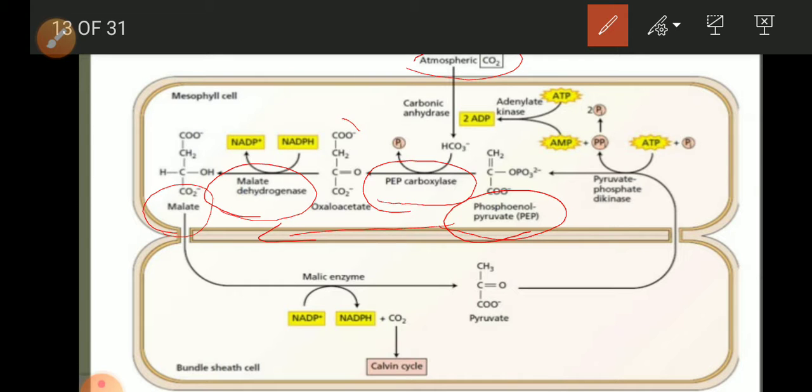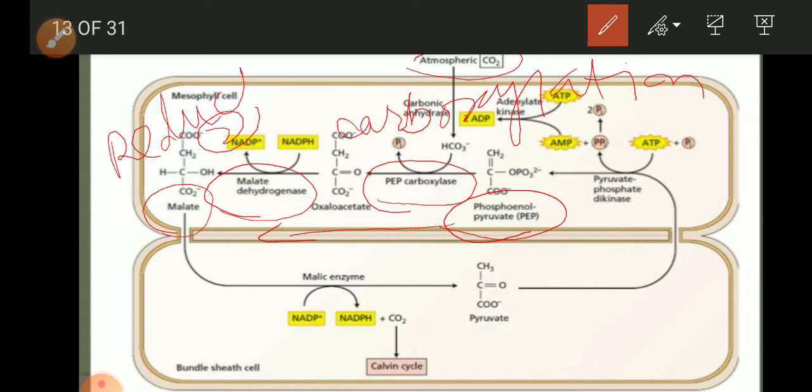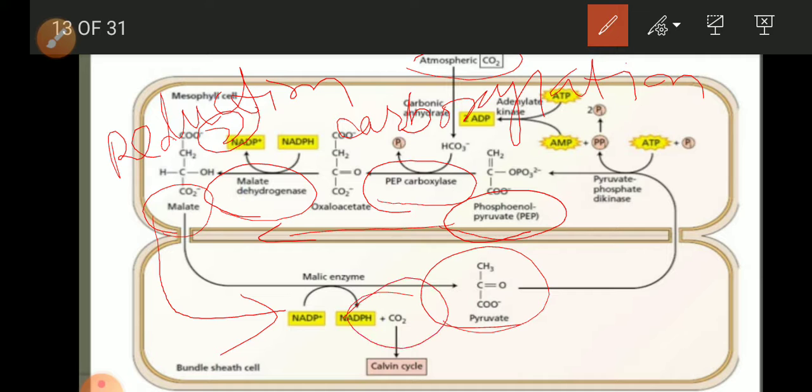This reaction is called carboxylation. Then the second step is the reduction process. The third one is when this malate is converted into pyruvate, called decarboxylation, where carbon dioxide is removed by reduction of NADP into NADPH.